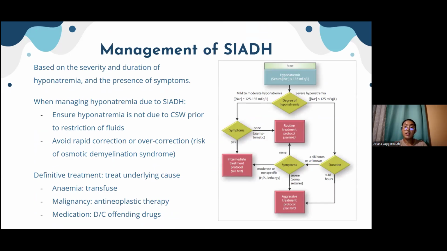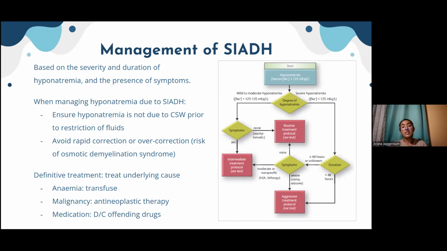In cases where there is mild to moderate hyponatremia, you assess the patient's symptoms. Are they asymptomatic or symptomatic? In asymptomatic cases, we can proceed to the routine treatment protocol, which I will discuss shortly. In the event of the presence of symptoms, we can proceed to managing via the intermediate treatment protocol.